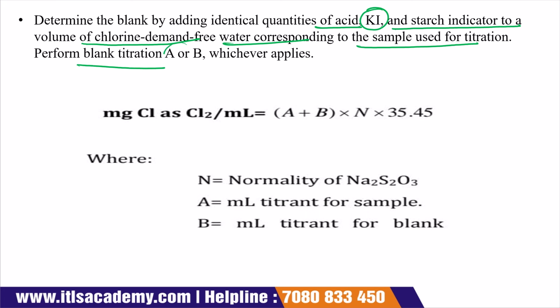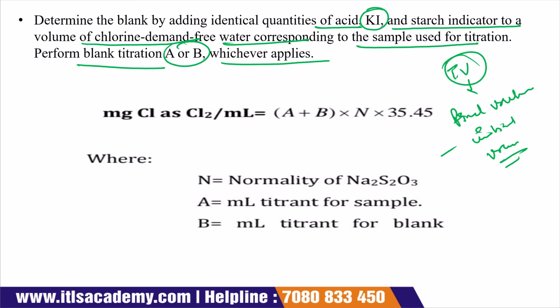Perform blank titration A or B, whichever applies. Milligram chlorine is equal to (A plus B) multiplied by N multiplied by 35.45, where N is the normality of the sodium thiosulfate, A is the titrated value of the sample and B is the titrated value of the blank. The titrated value is the final burette volume minus the initial burette volume.